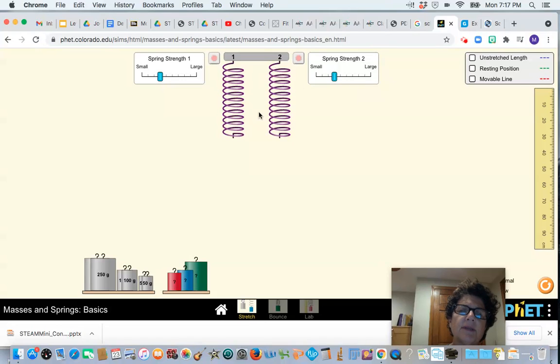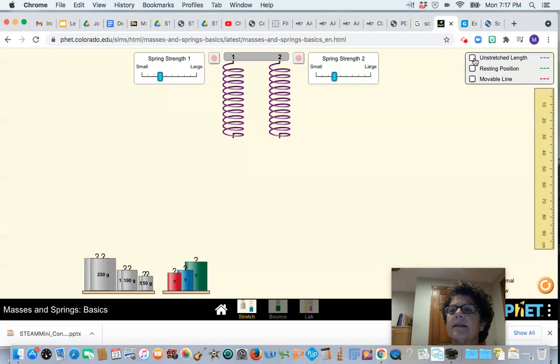In these simulations, you can do a lot of data collection where you're looking at the relationship between something and something else. In this case, we have spring strength here, and I can see these different weights down here. There are also some unknown weights. Over here I see unstretched length, resting position, movable line.